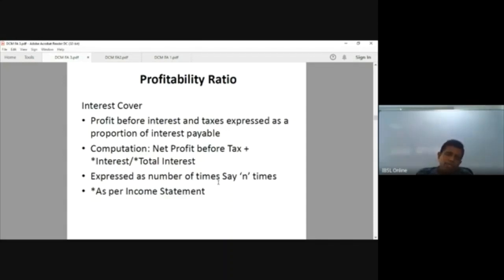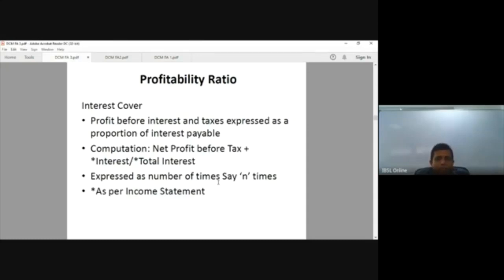Then you add back your interest to arrive at the figure you want, that is, profit before interest and tax. Then it will be 550. Then you divide it by the interest expense, that is 50 rupees. 550 divided by 50 will be 11 times.